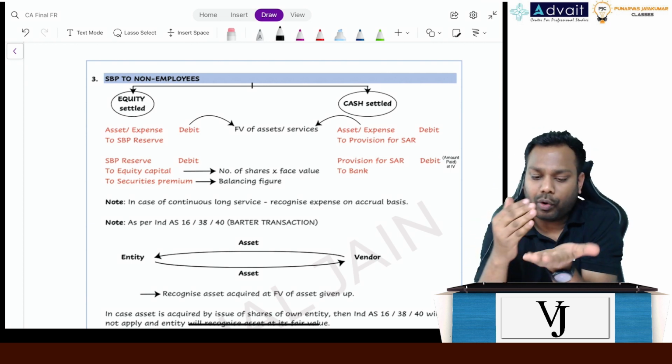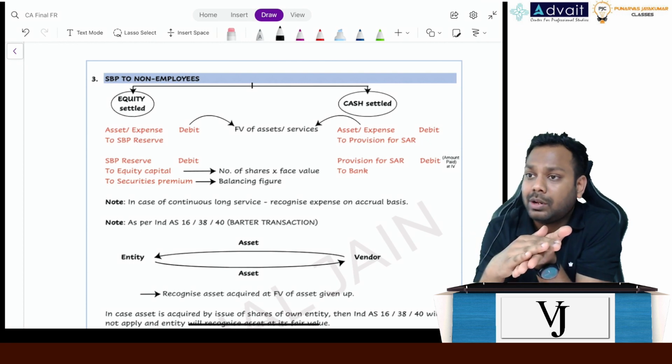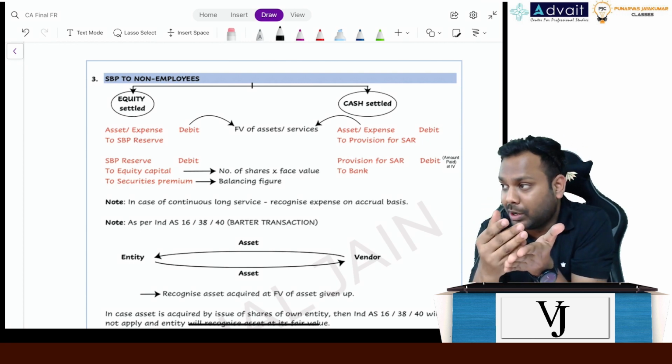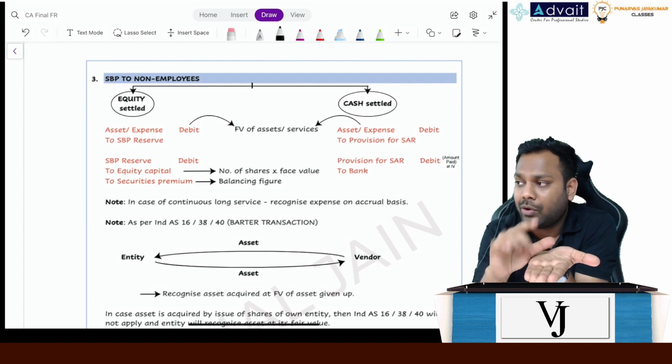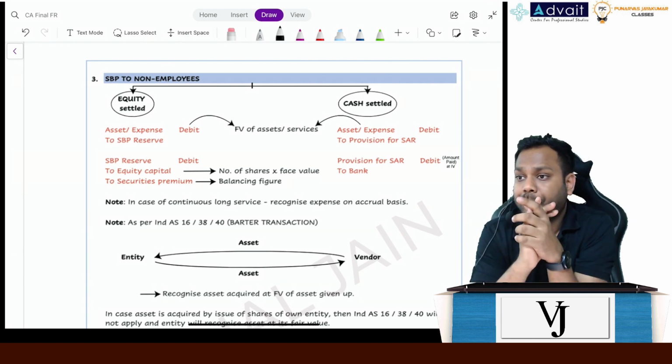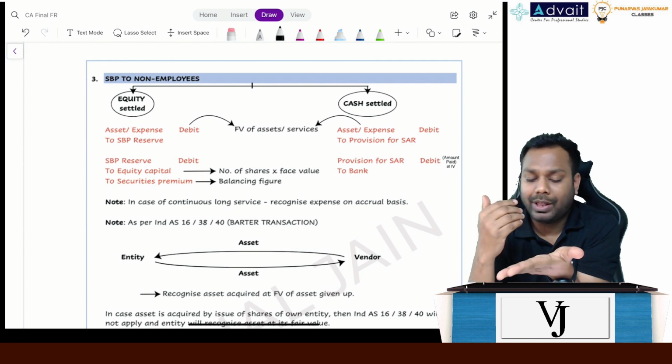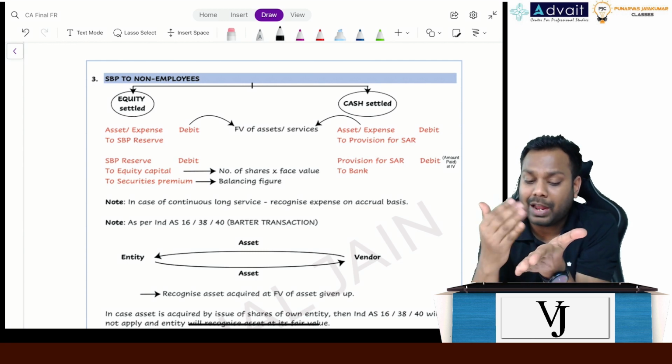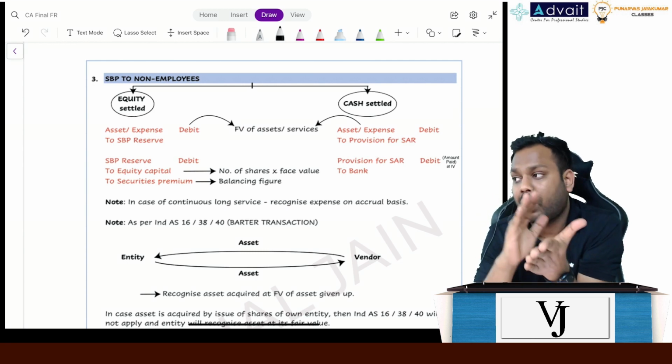Now, when it gets settled, the cash settled option will settle at intrinsic value. Whatever is the difference between the fair value and intrinsic value will be transferred to P&L. Whether it is cash settled or equity settled, I will book the expense in the P&L as employee benefit expense.